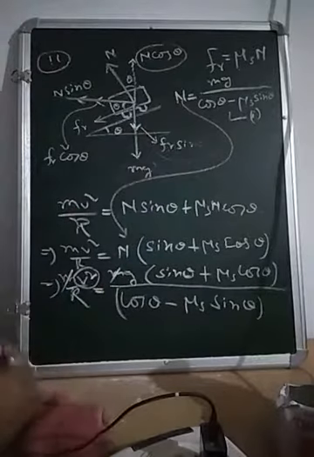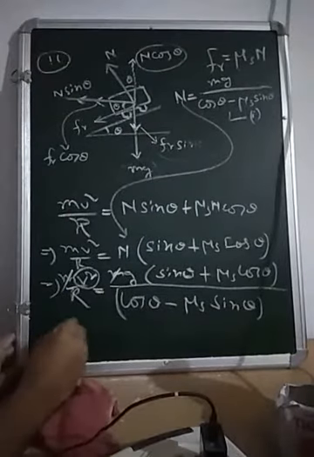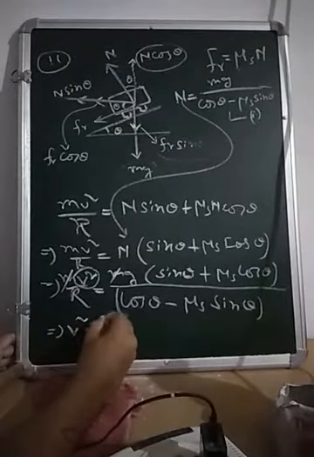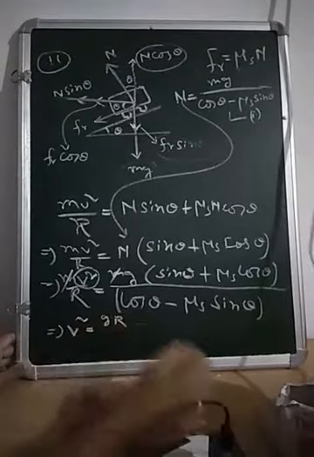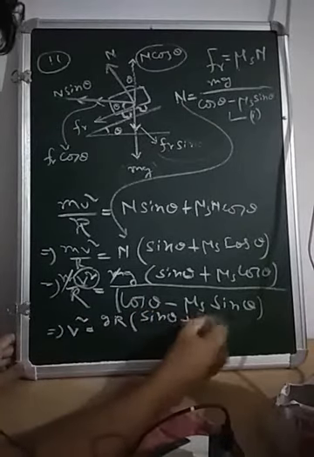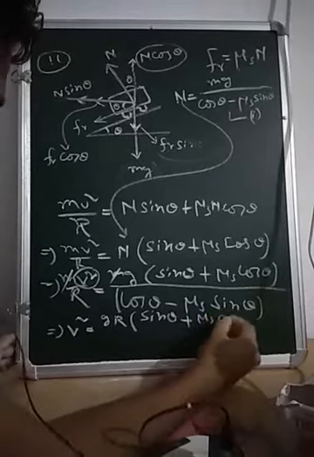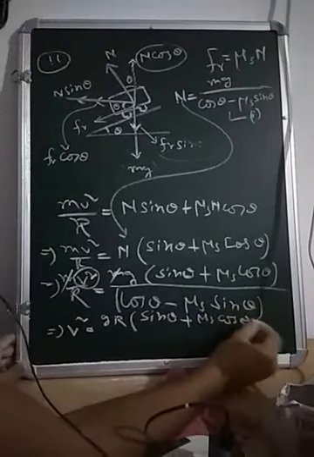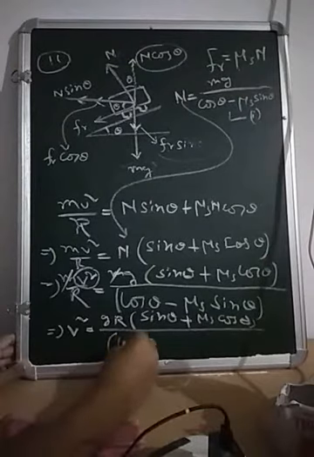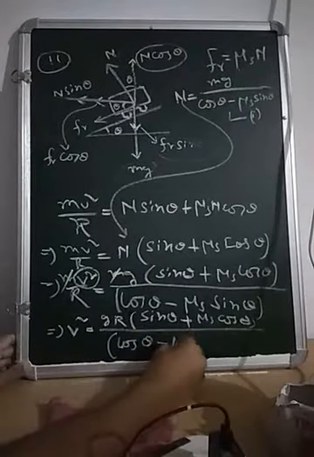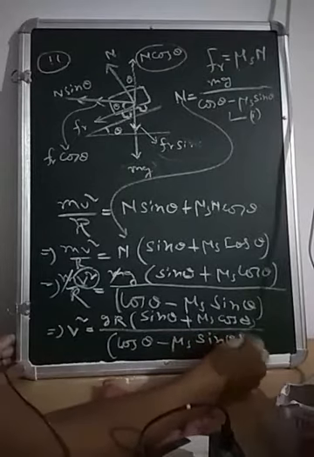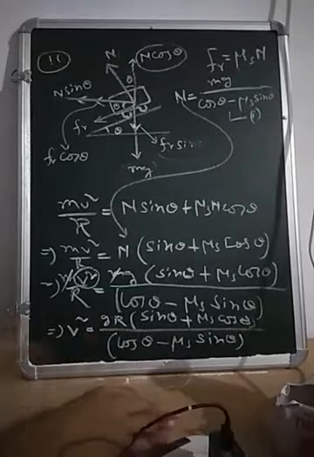So from here we can obtain velocity. v² will be how much? g into r into (sin theta plus mu_s cos theta) divided by (cos theta minus mu_s sin theta), okay. So this is the v² term.